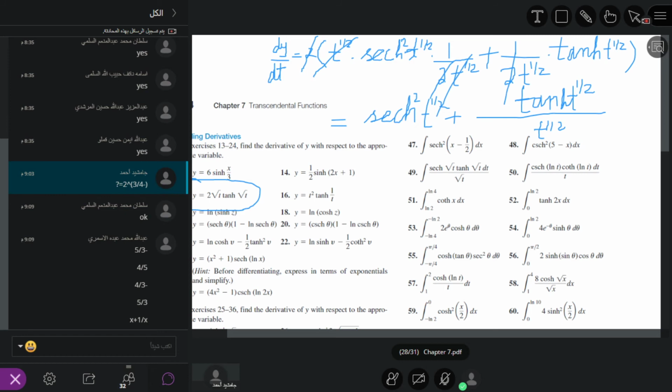It will go outside. First function same, derivative of the second function. So 2 outside. First function t power 1 by 2 same, derivative of the second function. What is the derivative of tan hyperbolic t power 1 by 2?